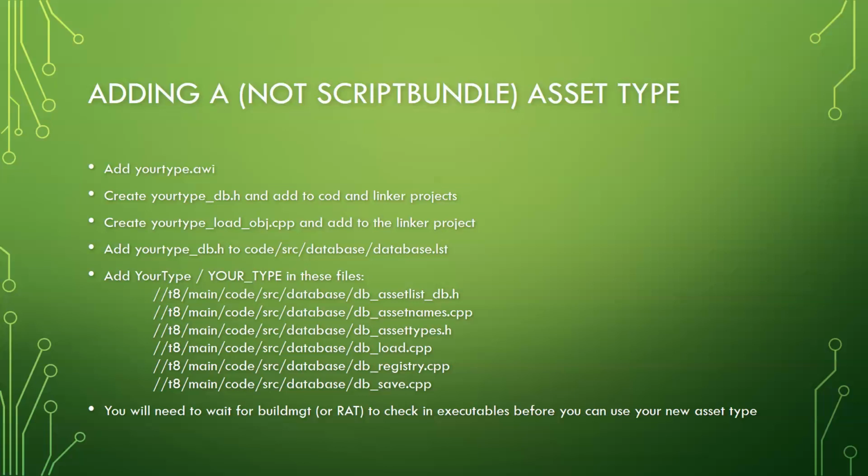There are certain ways: you can put something into the zone file, and there's another where you include it as a sub asset inside another asset. To include it in a zone file, I think it's asset names.cpp. To include it in another asset type, that other asset type would have to include your type db.h that has the archive blocks and the struct definitions.